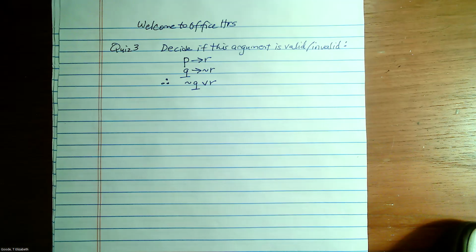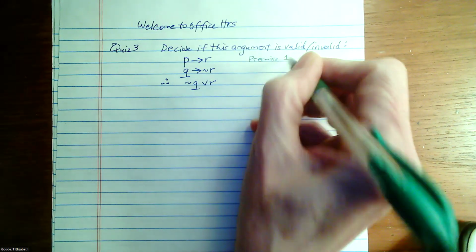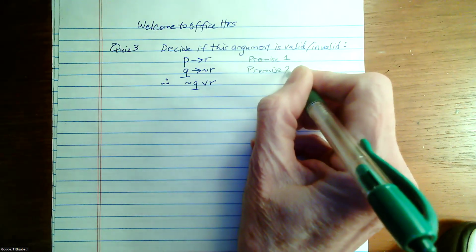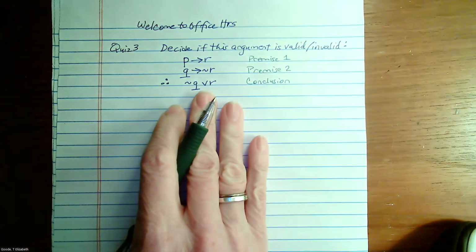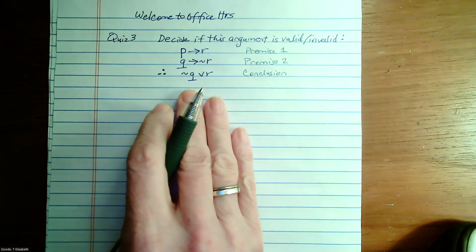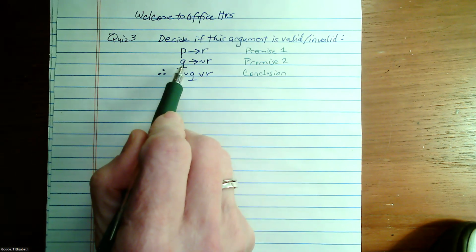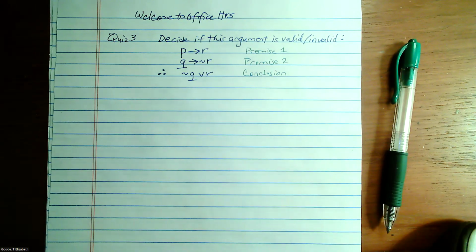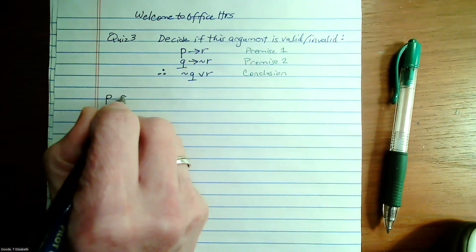So we have two premises. Everything above the therefore symbol is a premise. So we have two premises and a conclusion. In order to correctly evaluate this argument for validity, we need to be able to evaluate if P then R, and we also need to be able to evaluate if Q then not R. So we have to generalize our rules for evaluating if-then statements.